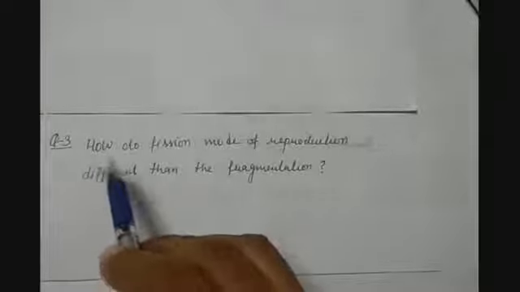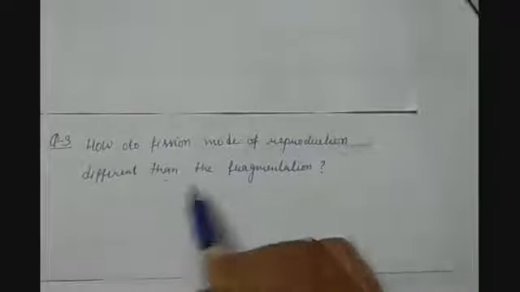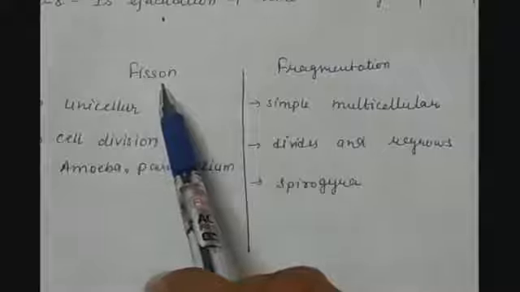Question number 3 is, how is the fission mode of reproduction different from fragmentation? If we compare fission and fragmentation, fission is a method of reproduction which generally takes place in unicellular organisms, whereas fragmentation takes place in simple multicellular organisms.